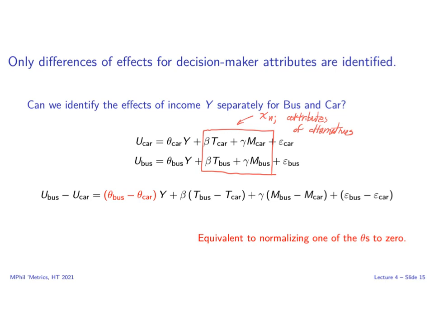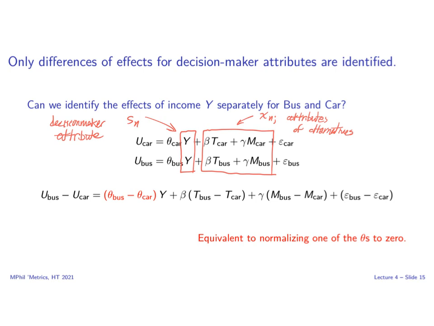In other words, an observed characteristic that doesn't vary with mode of transportation. Annual income is a good example, because this varies across decision makers. Alice may earn more money than Bob, but it does not vary across alternatives for the same decision maker. Alice's income doesn't depend on which mode of transport she chooses.